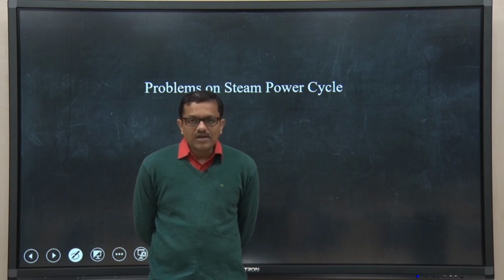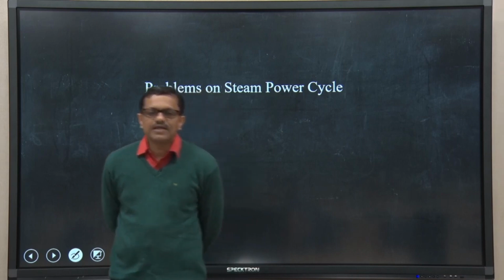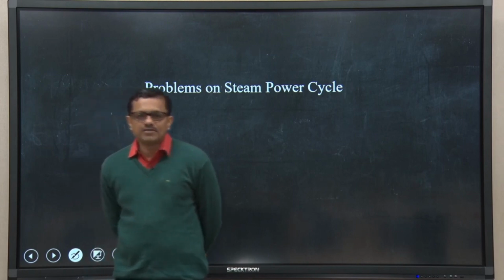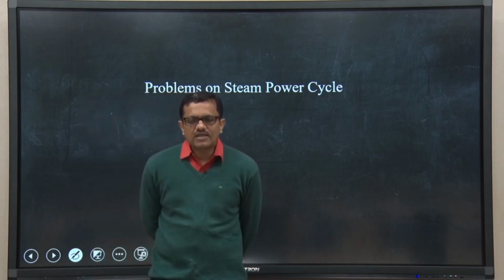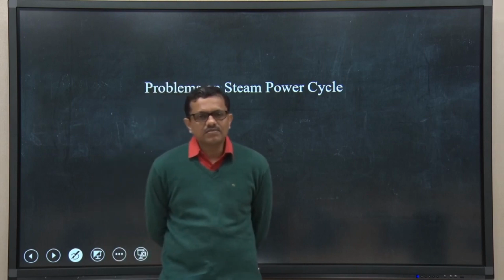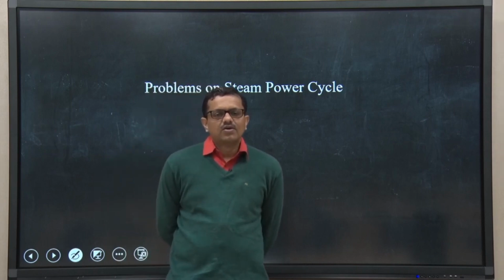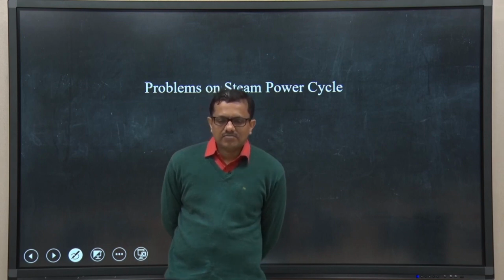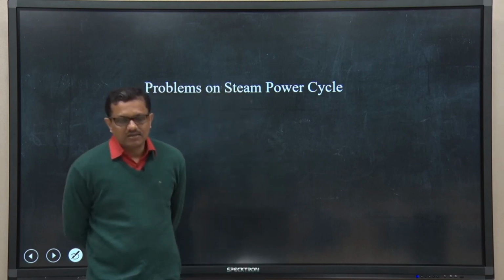Till now we have discussed thermal efficiency from a qualitative perspective. You know that Carnot efficiency is maximum, 100%, while the efficiency of the ideal Rankine cycle or Rankine cycle with reheating reduces.